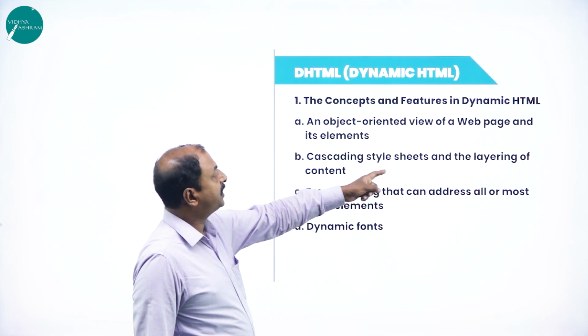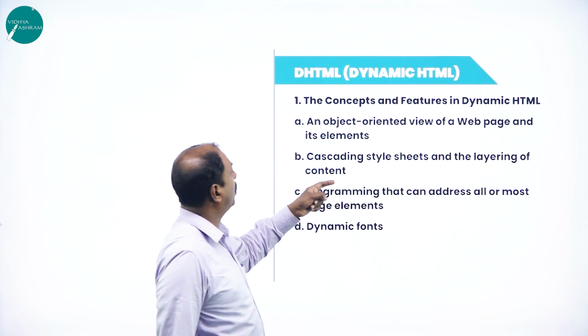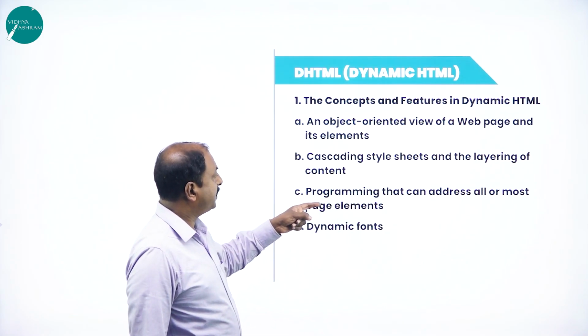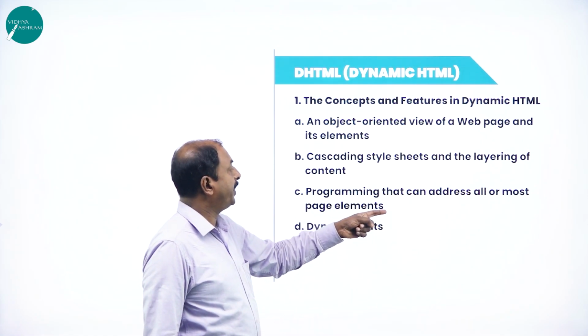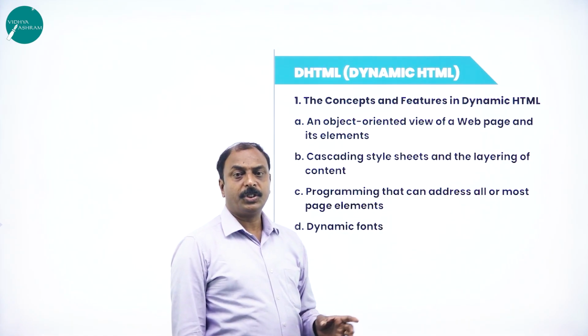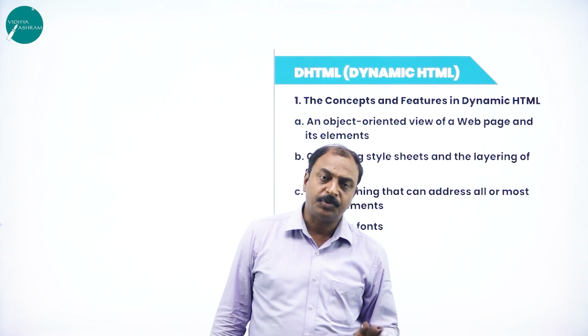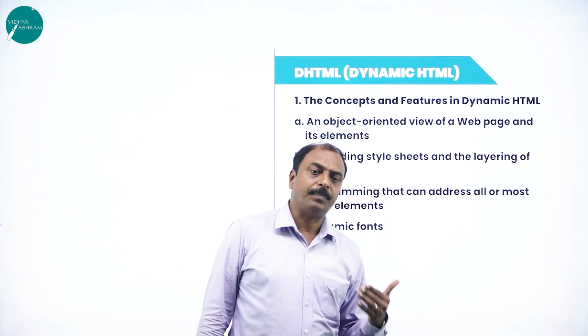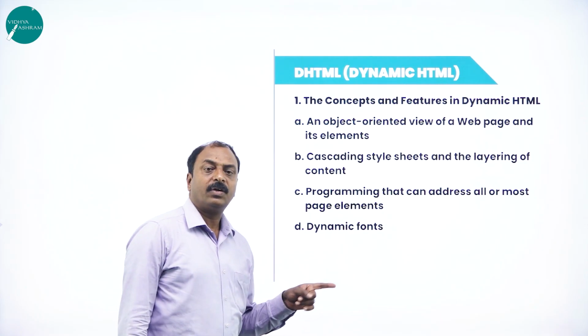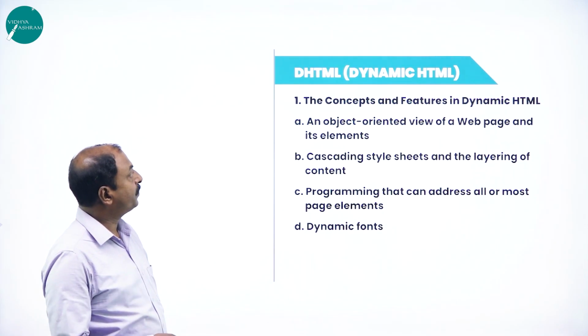Next is cascading style sheets and layering of content. Next is programming that can address all or most page elements. Here it addresses the individual objects of each and every content item inside a web page. It is a dynamic font. Now let us see the definitions of all these things.